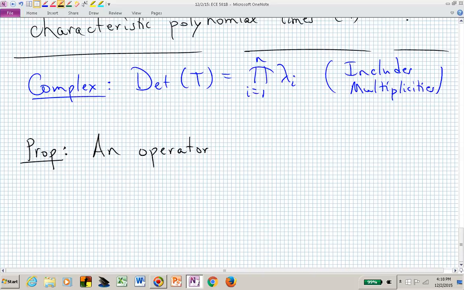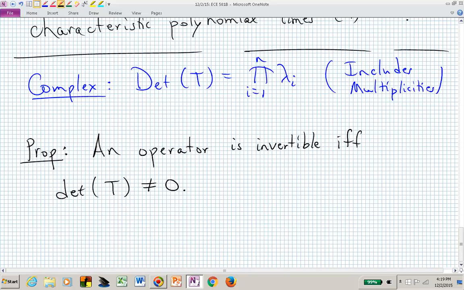But now this proposition says an operator is invertible if and only if the determinant of T is not equal to 0.